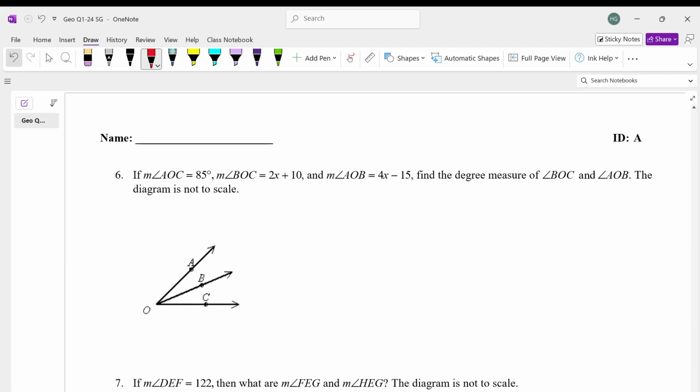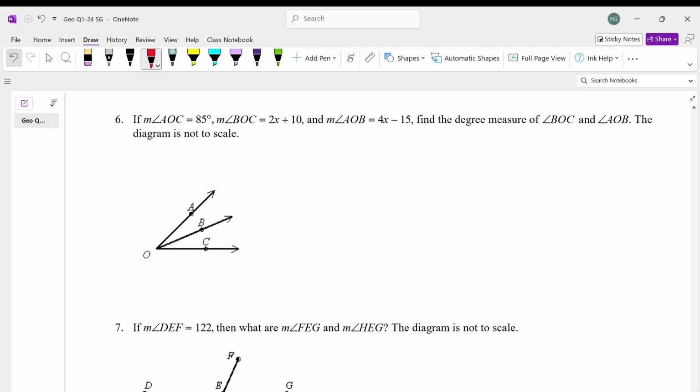All right, problem number 6. If the measure of angle AOC, starting at A, going to O, and then out here to C, this whole angle is 85 degrees.